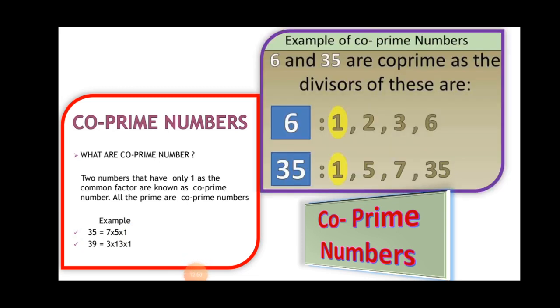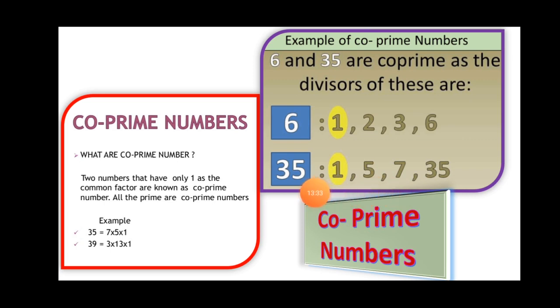Let's take another pair, 6 and 35. Here also, when we look at the factors of 6, 1 goes into 6 six times, whereas 2 goes into 6 three times. So these are the divisors or factors of 6. If I talk about the factors of 35, 1 goes into 35 thirty-five times, whereas 5 goes into 35 seven times.